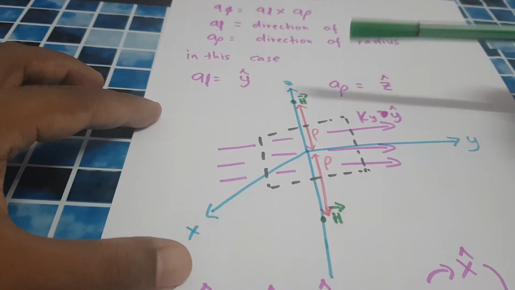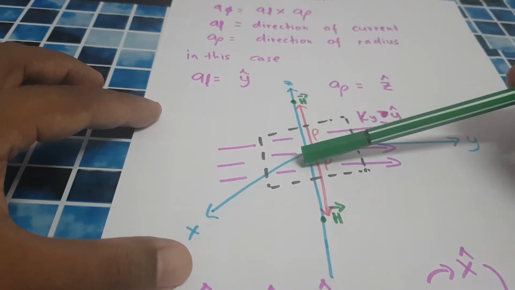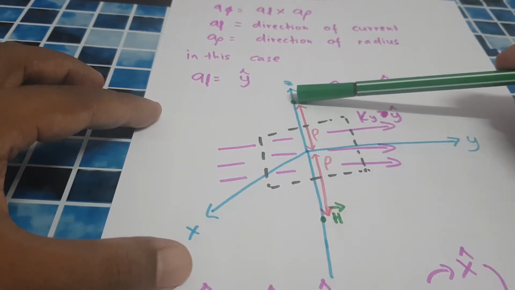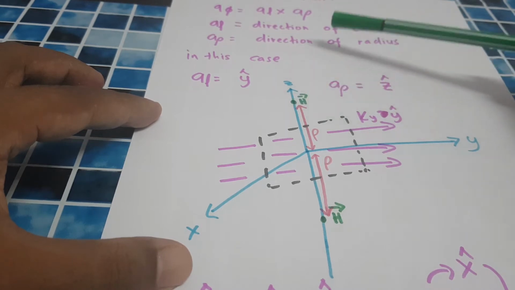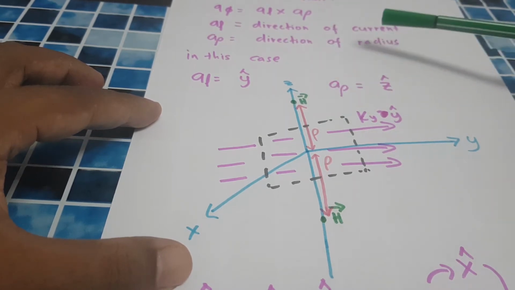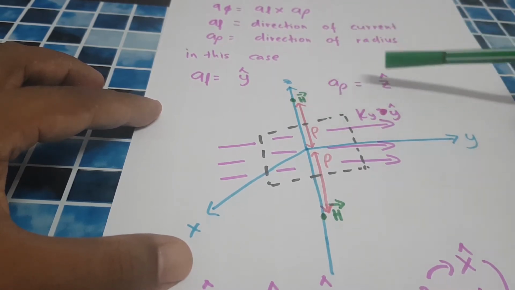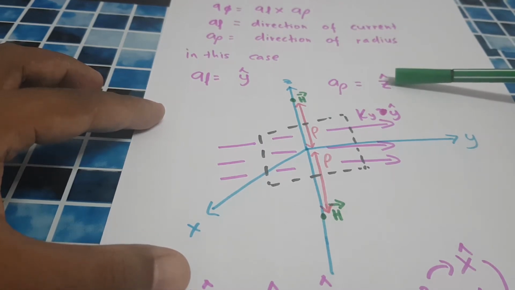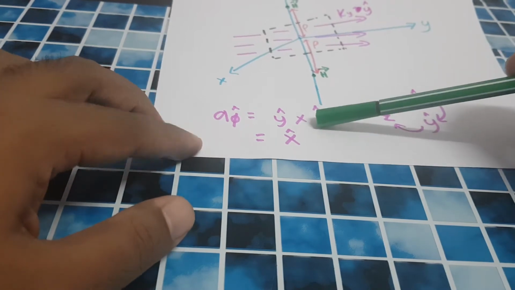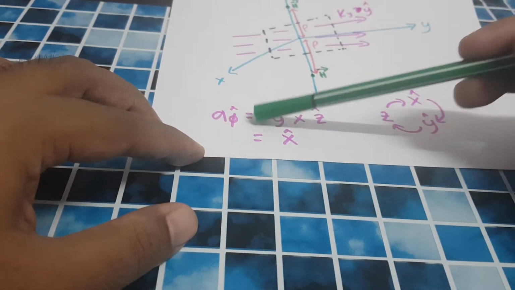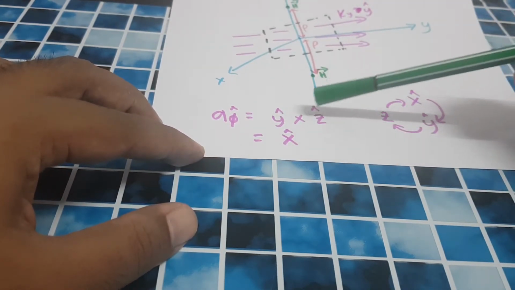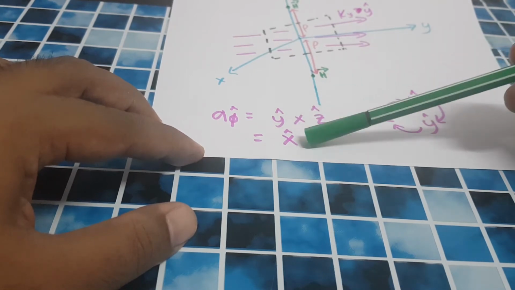The direction of the radius we take from the origin to the point of H at the z-axis, so the direction of the radius rho is the z direction. So we use the cyclic permutation: aH equals y direction cross z direction, and we get the x direction.